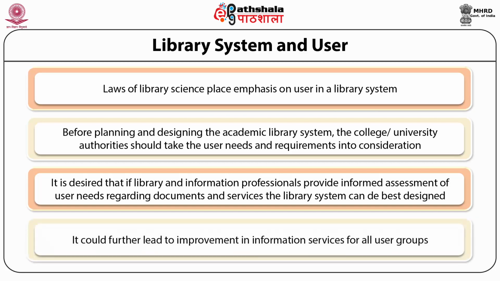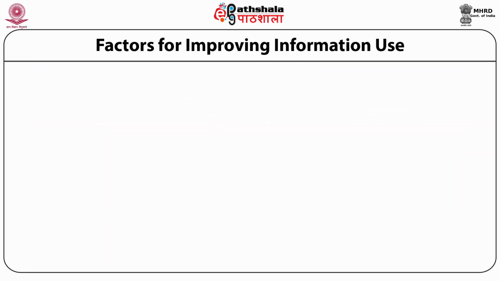It could further lead to improvements of information services for all user groups. But if the user needs are not taken into consideration, probably the planning and designing of academic library system will have some lacuna.